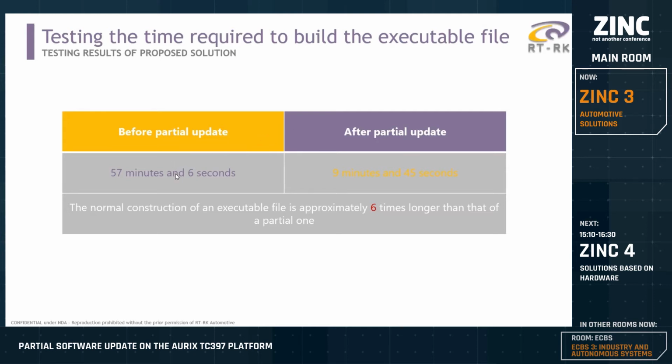On the left side is the time required to build the executable file without partial update, and on the right side is the time required with partial update. The normal construction of an executable file is approximately 6 times longer than one with partial update.